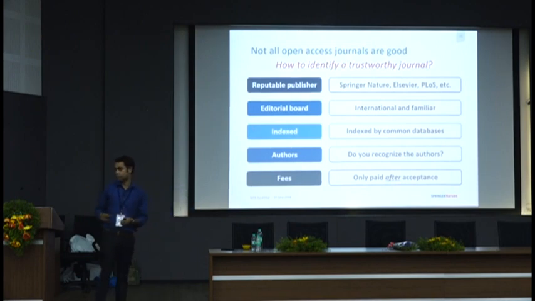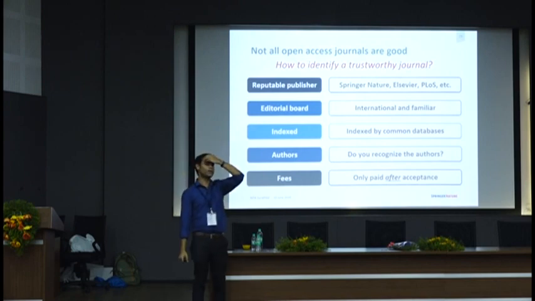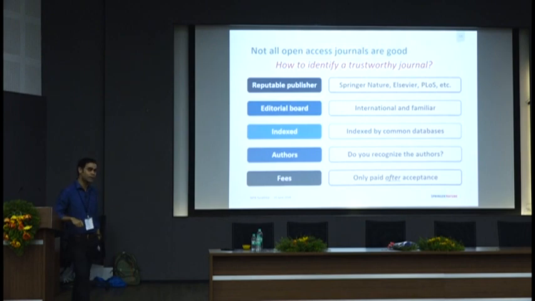What is the difference between green open access and gold open access? That's a good question, because this is something we don't really talk about in a lot of these workshops. It's a little tricky.